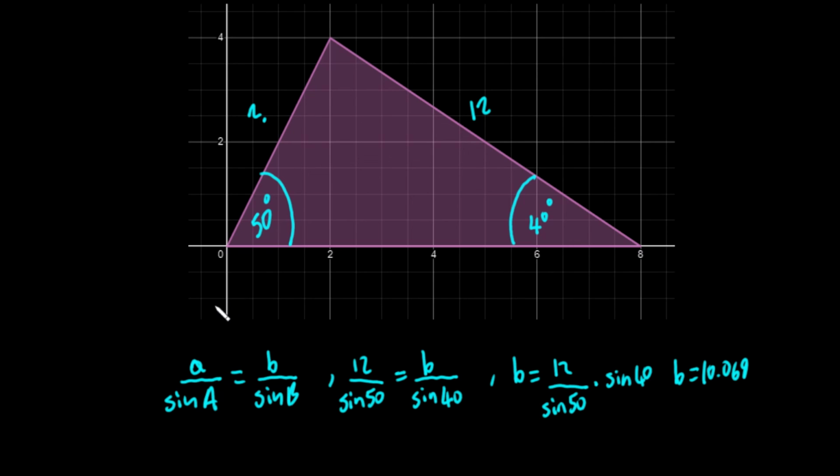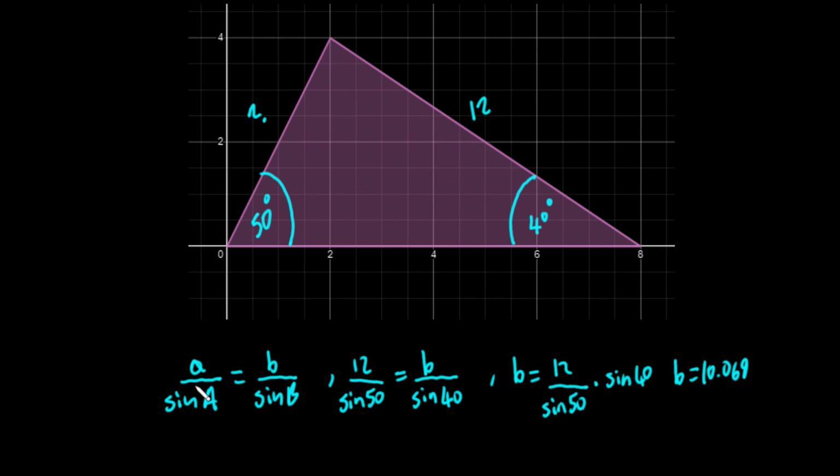Now you can see here that if we're going to use the sine rule, then if we're given 3 terms, then we can always find the fourth. So for example, if we're given the length a and the angle A, and then the angle B, then we can always find the length b.